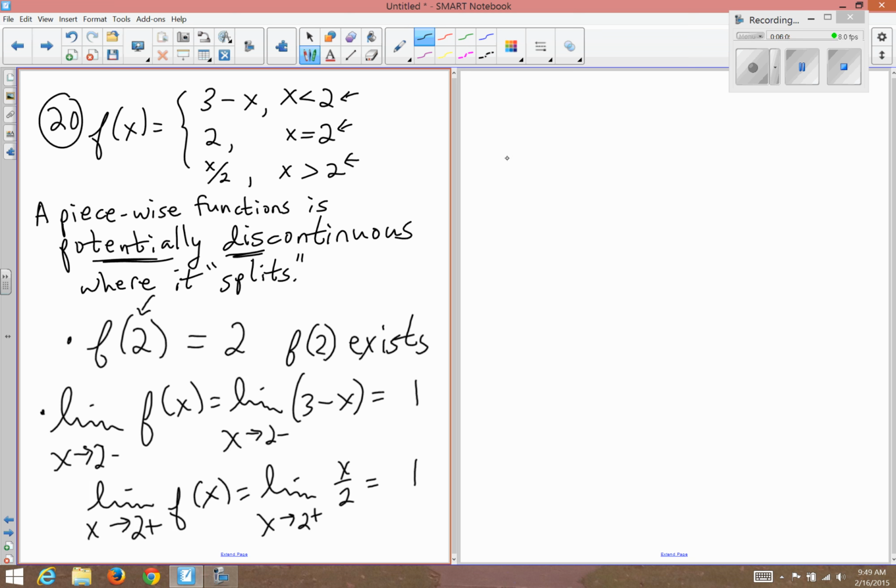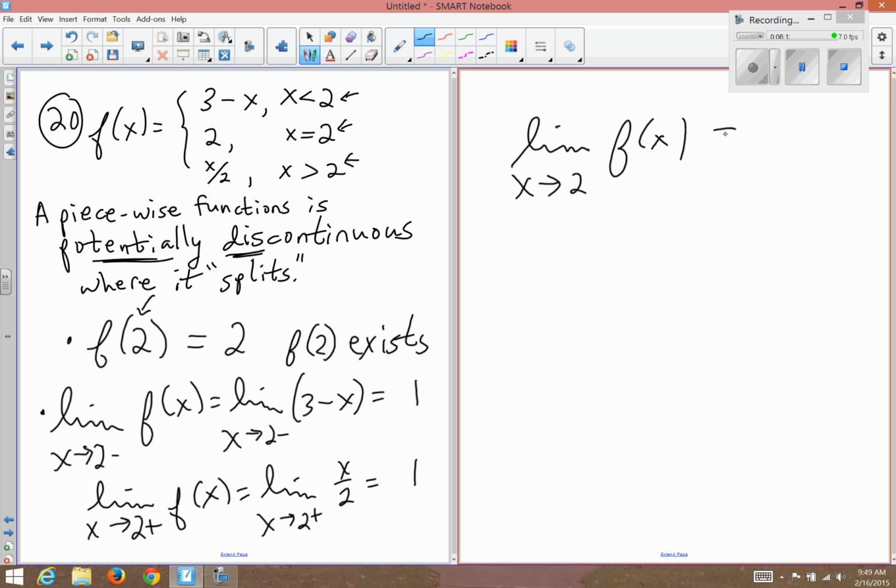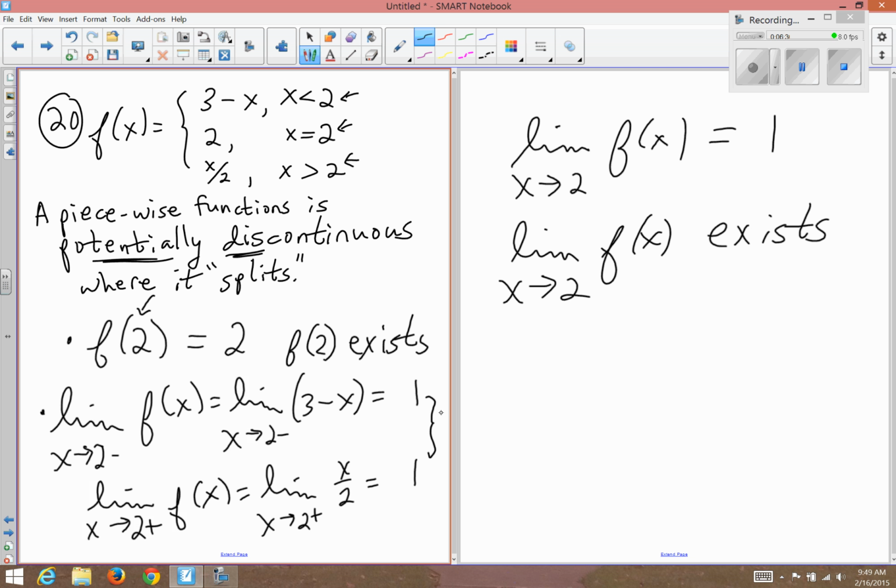Because these are the same, the limit of f of x as x approaches 2 is 1. The limit exists because it's 1. The limit would not exist if these were different. But they're not different, so the limit of f of x as x approaches 2 does exist.